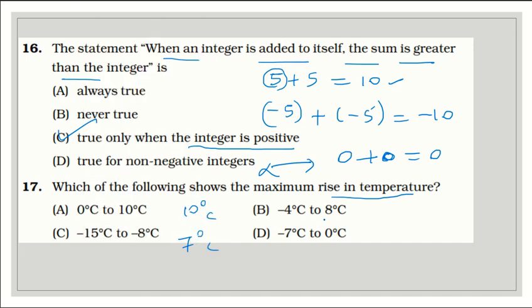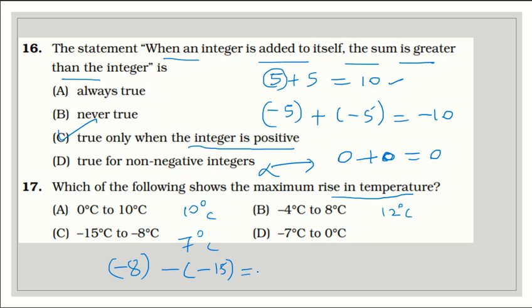Here, when it comes to minus 4 to 8, it has got a 12-degree rise. How am I getting this? It is so simple. Amongst them, greater minus smaller, that I am doing.